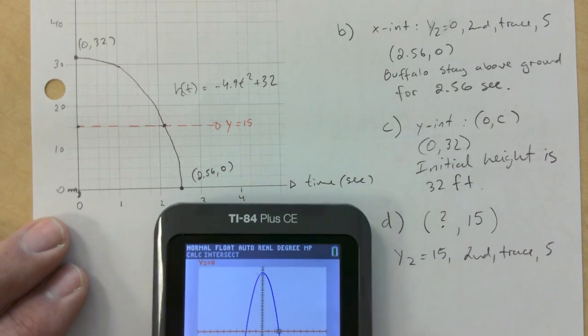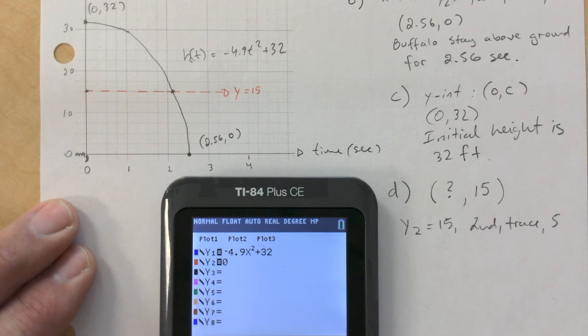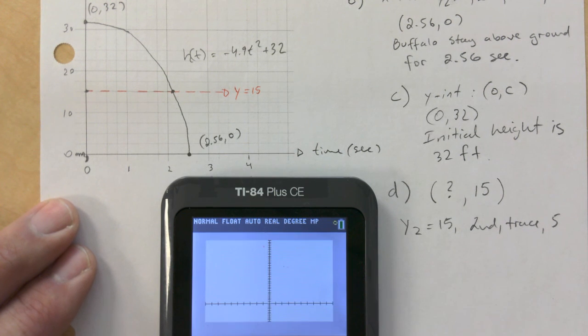So let's go ahead and do that. Let me just scroll up a little bit. So y2 is now 15. And it does cross it twice, but we do not care about the left here because that's in the negatives, right? We care about the one further out. We go second trace 5 and then enter, enter, enter.